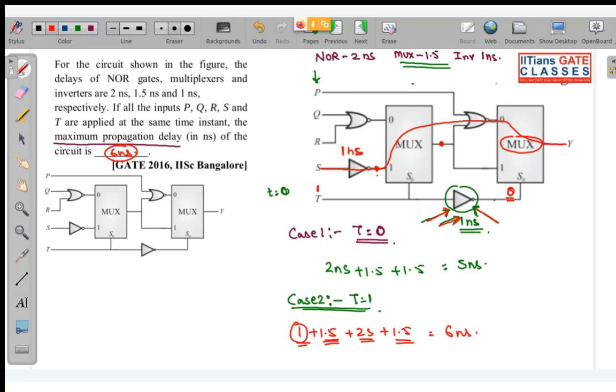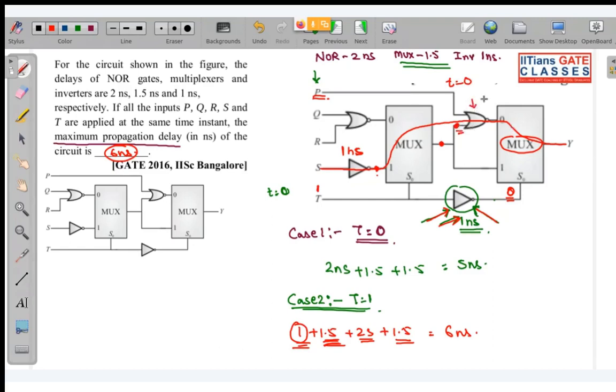After 1.5 nanoseconds, and this output is the input of this NOR gate. One of the inputs of this NOR gate, that is P, is present from t equal to 0, but the other input is getting stabilized after 2.5 nanoseconds, 1 plus 1.5.